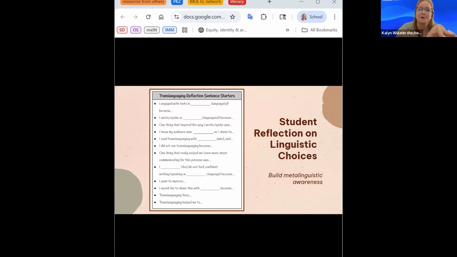Was it easier to put in some words from another language, or did you want to do all of it? There can be a lot of things here, and here are sentence stems to help with those conversations. And again, students who do this have a great amount of metalinguistic awareness and meta-analysis in and of itself, like thinking about what you're doing, thinking about how you're thinking about what you know and what you don't know.